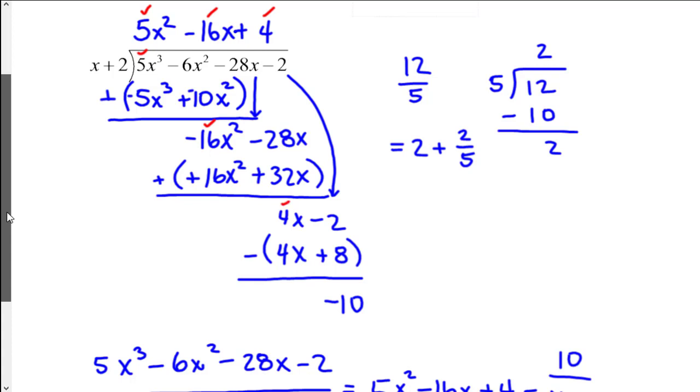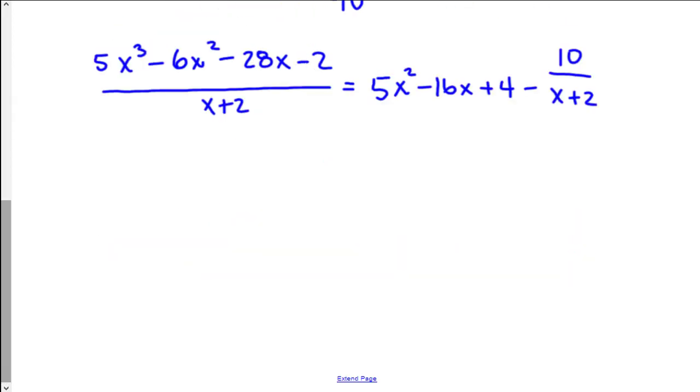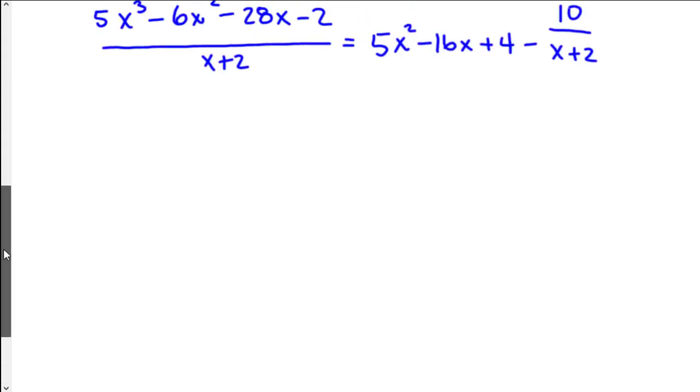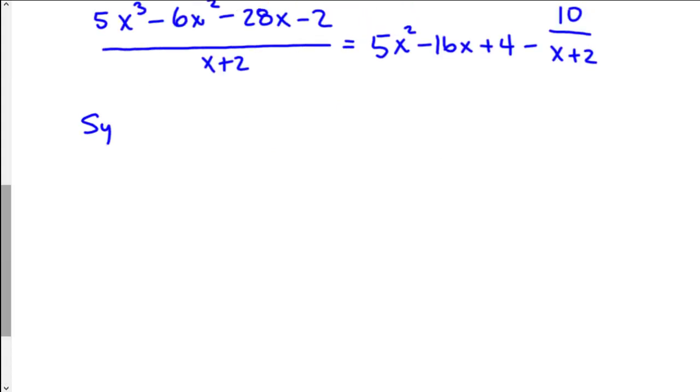And actually all these x squareds, x's, x cubes, all they're doing is just lining up like terms for me. So there's a different process called synthetic division. With synthetic division, write that down, you're only really working with the coefficients of the parts that you're dividing, and it makes the process a whole lot easier.